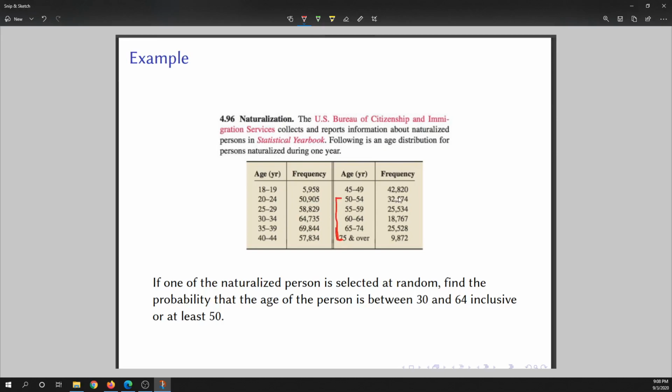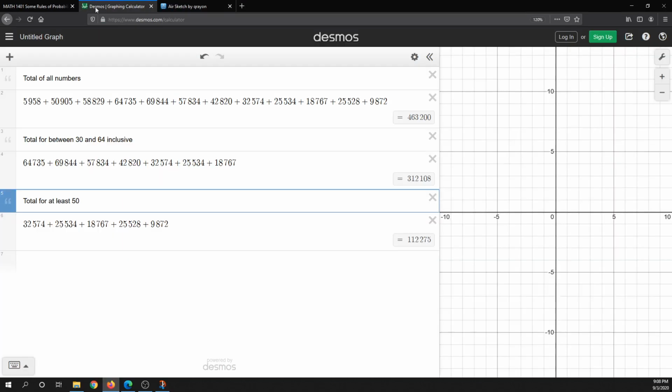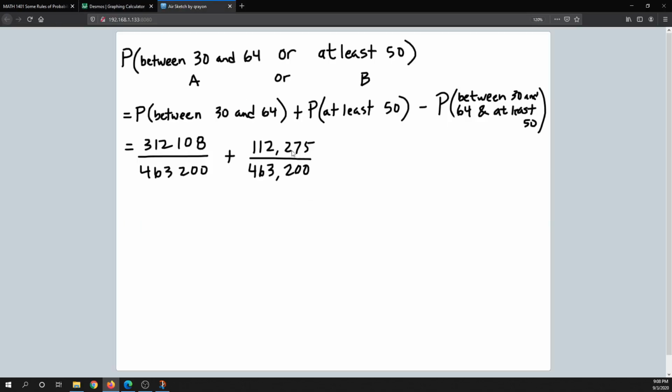We would have to add up these numbers, 32,574, all the way down to 9,872. I have that one done already. Right here, 32,574 to 9,872 gives us 112,275. So that number would go on top right here.